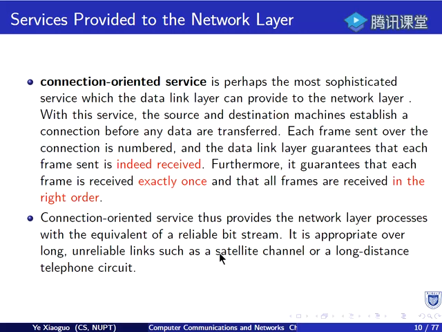And the third one is connection-oriented service. It is perhaps the most sophisticated service which the data link layer can provide to the network layer. Most sophisticated means most complicated, because the connection-oriented mechanisms need connection establishment.